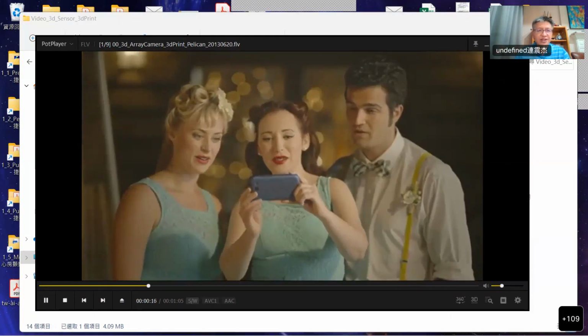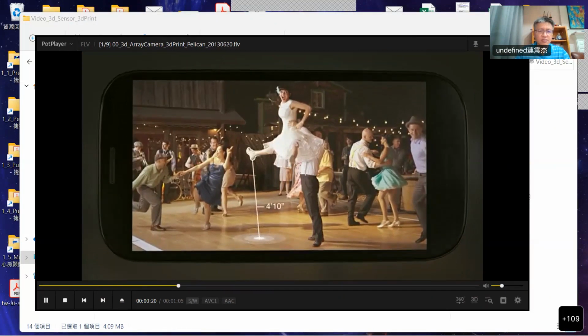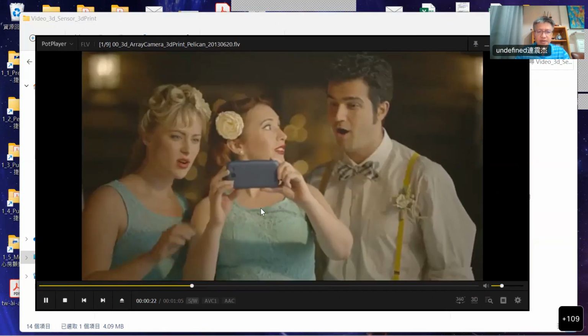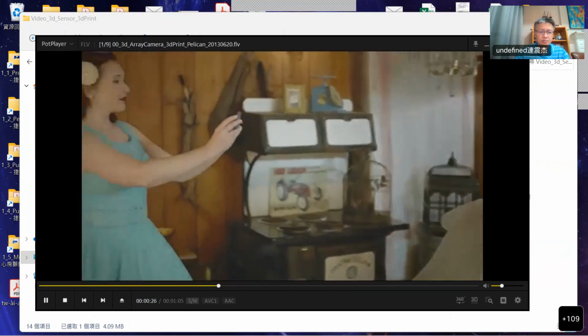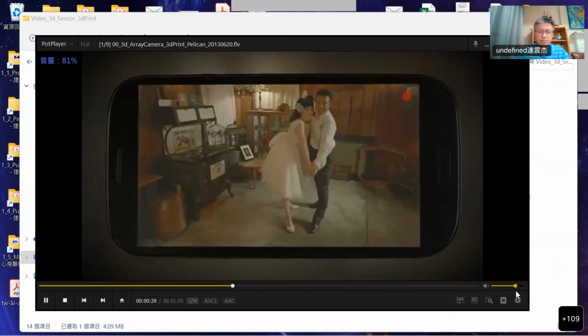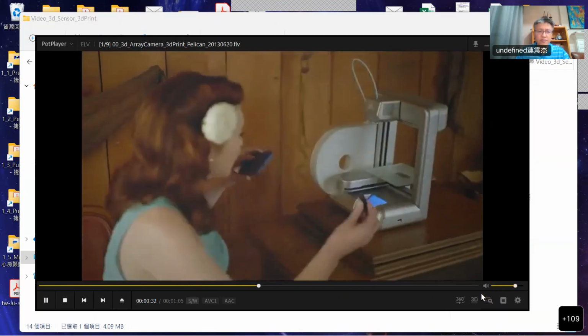But this is the idea. So you can estimate the distance to build a 3D model. What you do with that model is up to you.